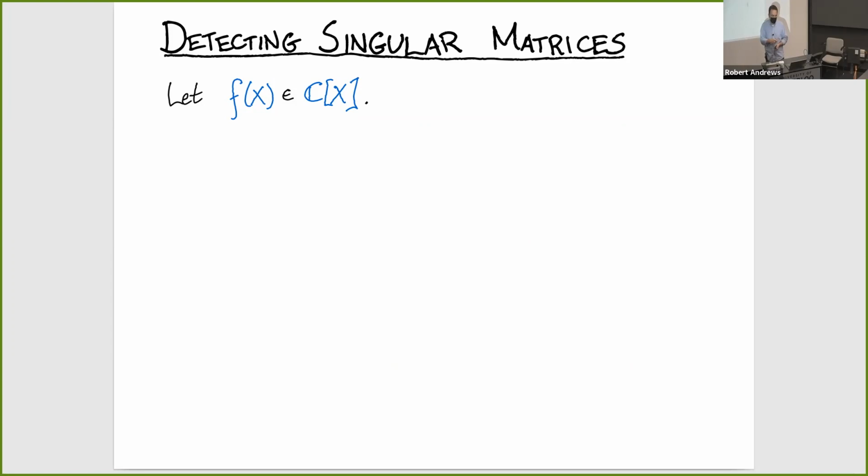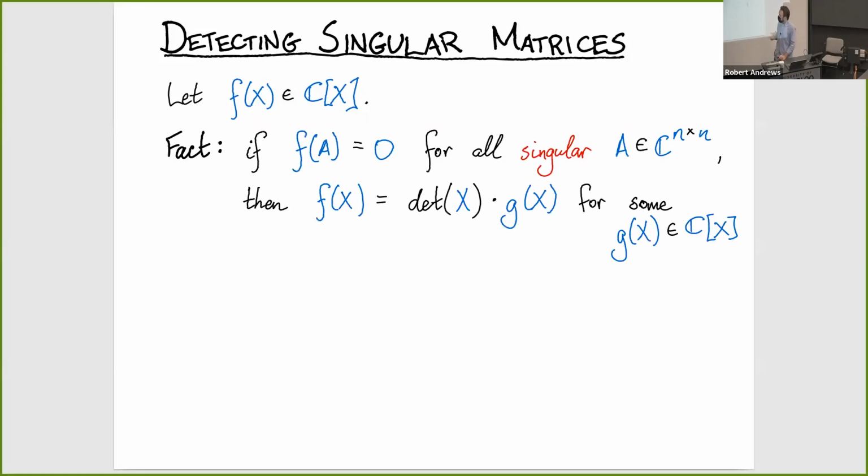And if it comes up 0, I'm going to say, you know what, that's the 0 polynomial. And if it comes up non-zero, I definitely know it's non-zero. So what polynomials come up 0 on all the singular matrices? Well, you can show using some algebra that a polynomial vanishes at every singular matrix exactly when it's a multiple of the determinant. And not just a scalar multiple, but some polynomial multiple of the determinant.